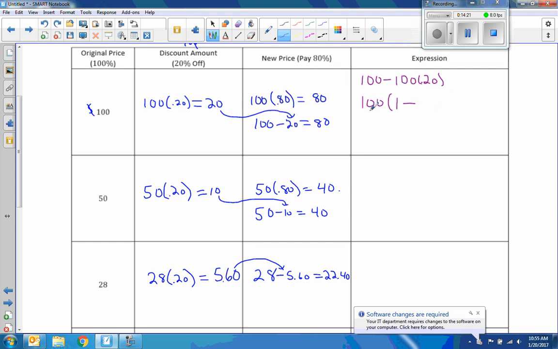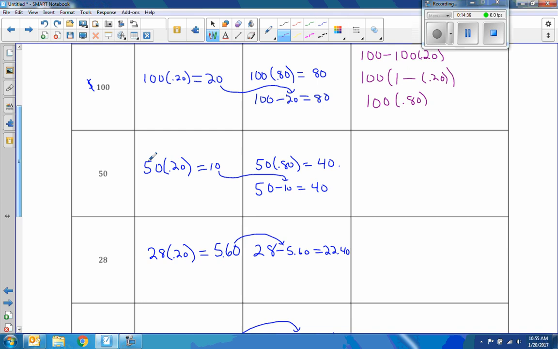So 100 divided by 100 is 1 times 0.20, which is just simply 0.20. Which comes out to be 100 times 1 minus 0.20. This may be a little confusing at first, but all we are doing is factoring. We're starting to do the distributive property, which is factoring going the other direction.